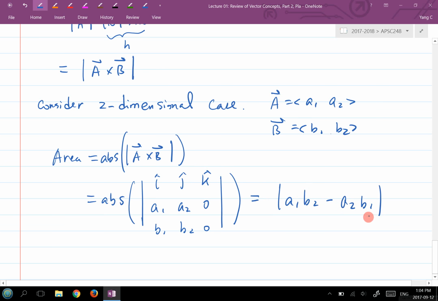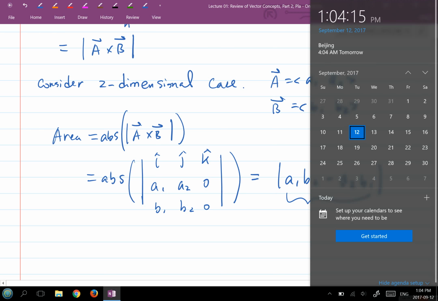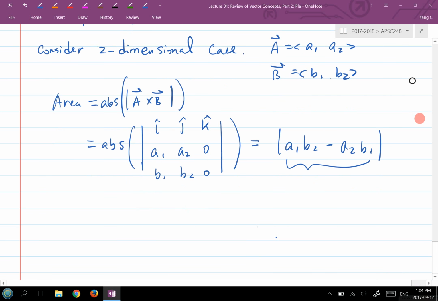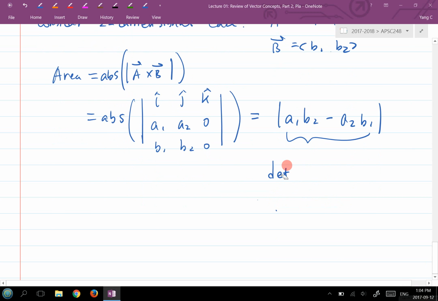And this result, if you put it into a matrix, is basically the determinant of A, B. In other words, this is a1, a2 in the first row and b1, b2 in the second row.